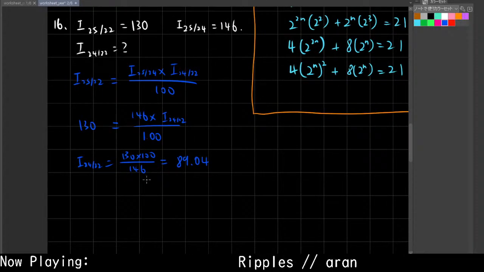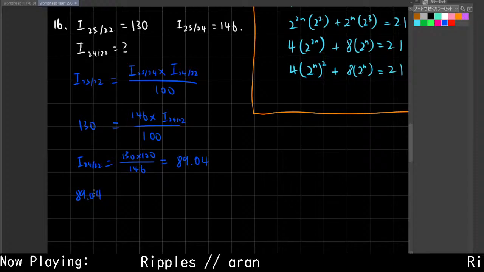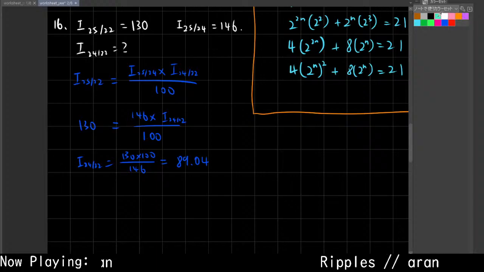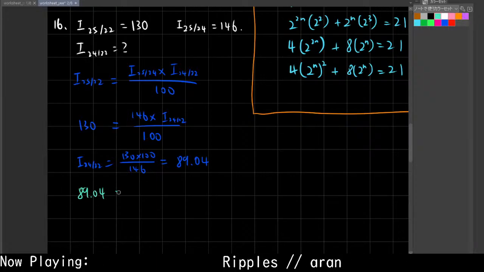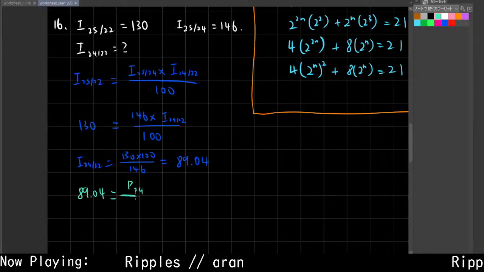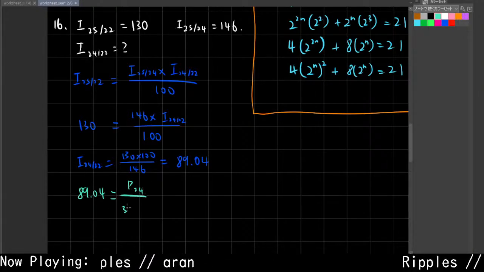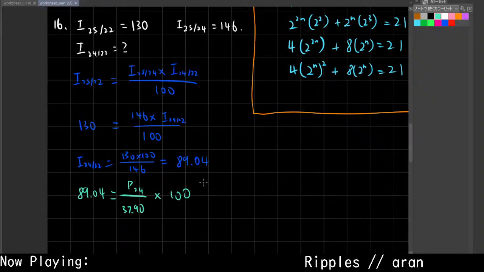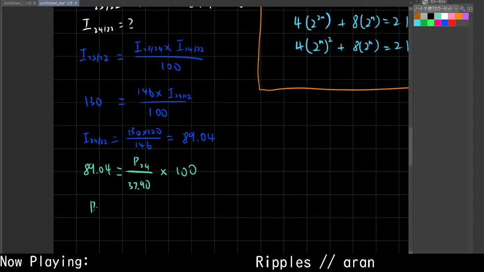Then this thing will be equal to your price of 24 divided by the price of 22, which is 37.90, multiplied by 100. So your price of 24, just bring it over.